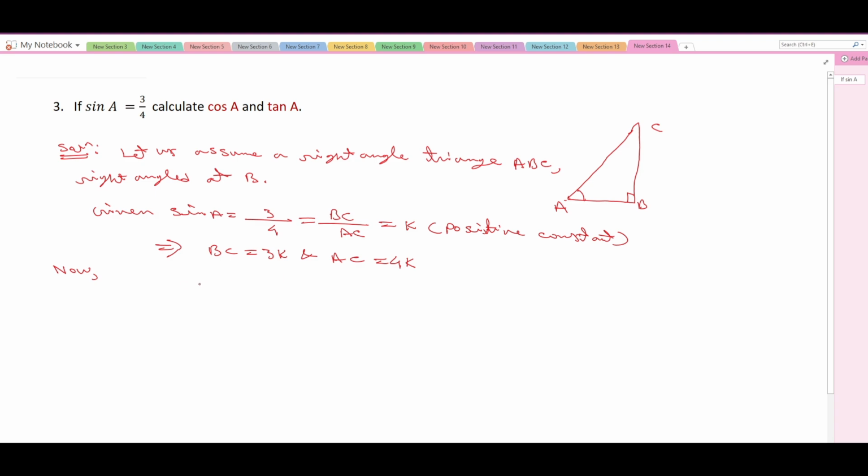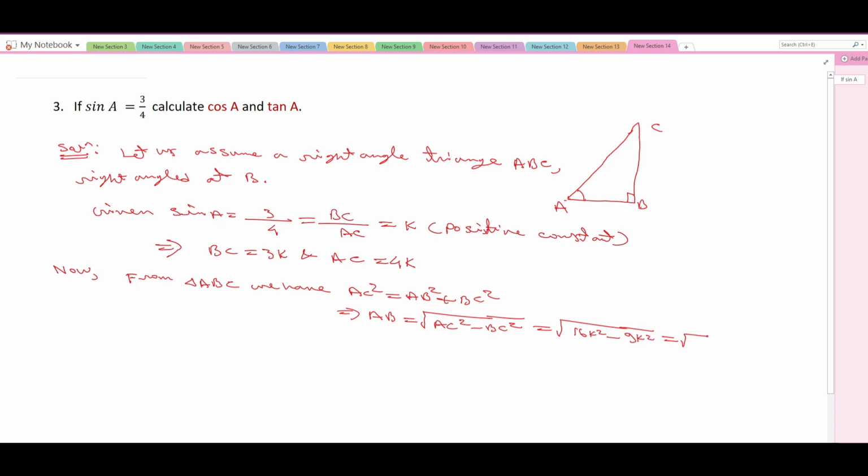Now from triangle ABC we have AC square equal to AB square plus BC square. So AB equal to root over AC square minus BC square, where AC equal to 4K, so 16K square, and BC equal to 3K, so 9K square.